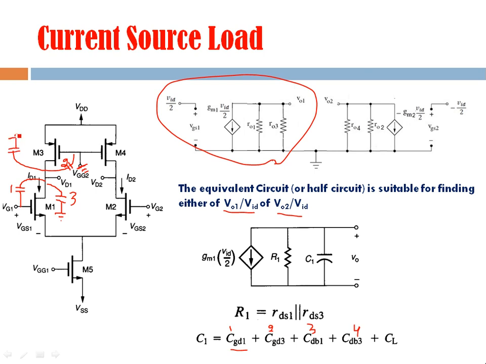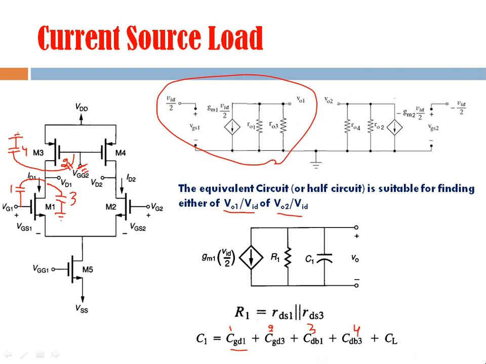So this capacitance between drain and bulk is the fourth, right? And the fifth is the load capacitance. The load capacitance is not shown here, but it is also connected between this output terminal and ground. So it may be present, it may not be present, but we have included it depending on the situation.